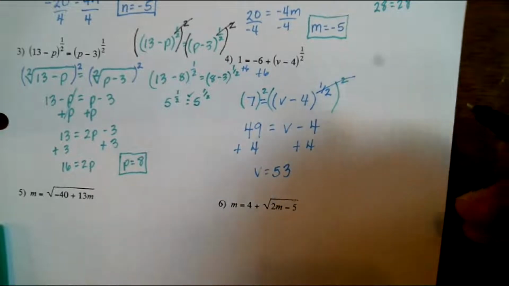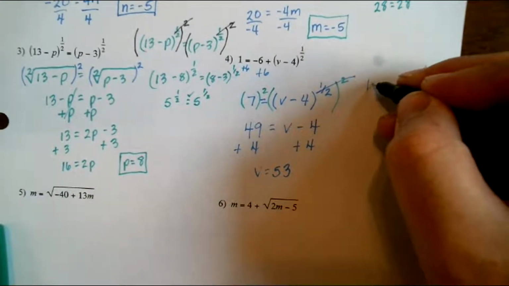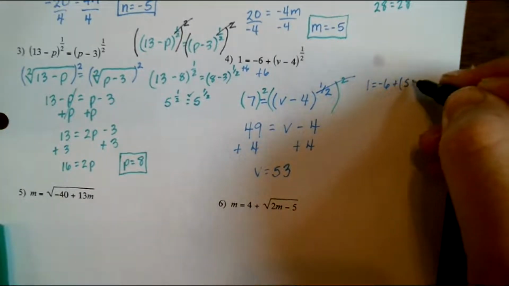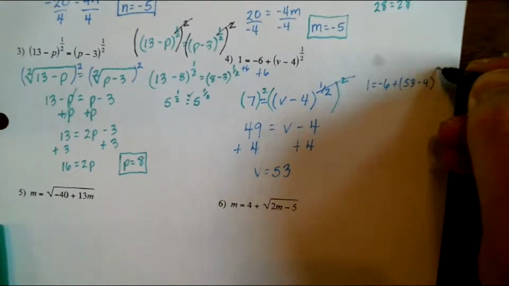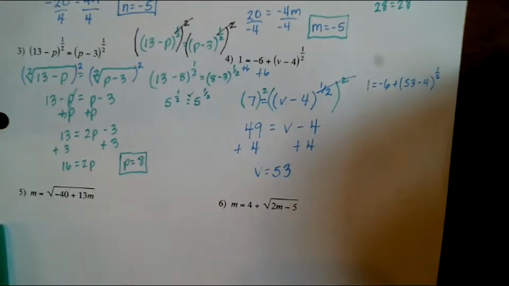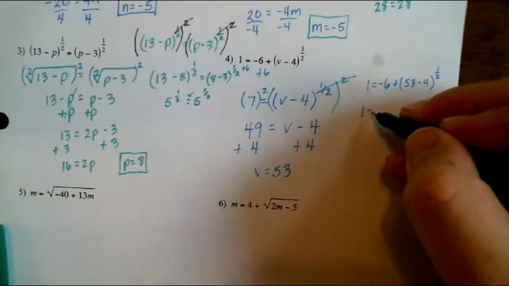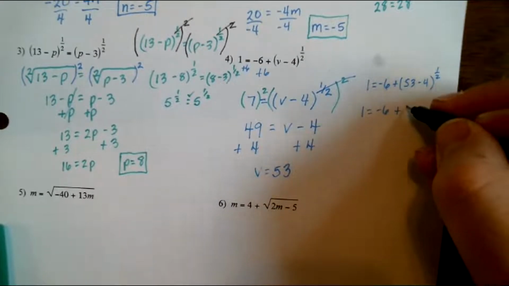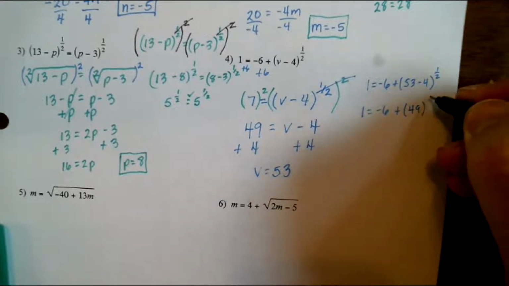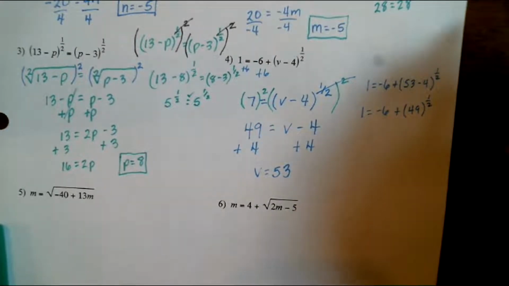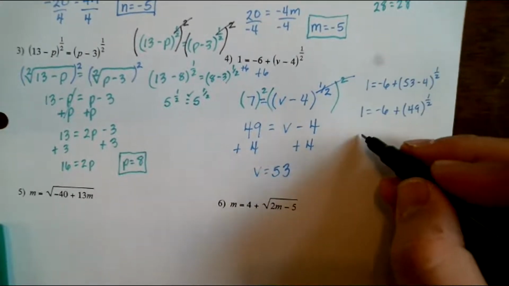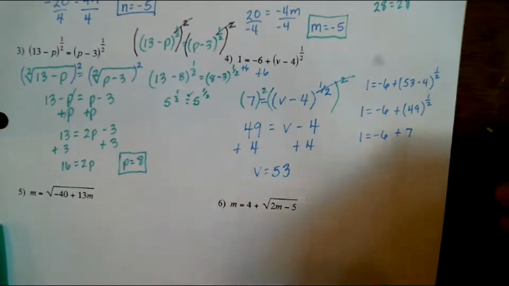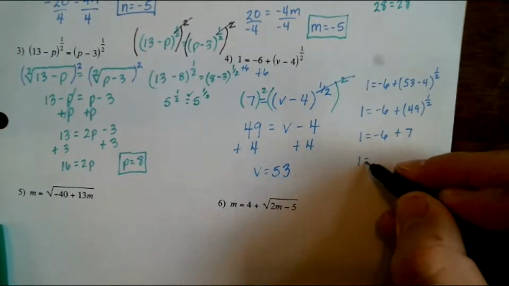All right, check for extraneous. 1 equals -6 plus 53 minus 4 to the 1/2 power. So that's 1 is equal to negative 6 plus 53 minus 4, which would be 49 to the 1/2 power. 49 to the 1/2 power is 7. And negative 6 plus 7 is 1.